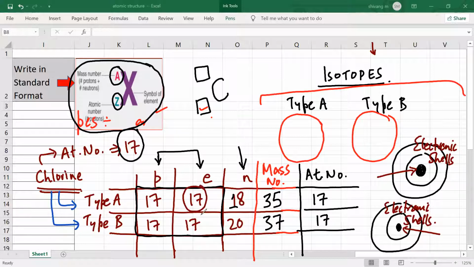Because the number of electrons is the same. What is the logic of an isotope? The logic of an isotope is that the number of neutrons differ. Where are neutrons? The neutrons are there in the nucleus. What is the contribution of a nucleus? The nucleus contributes to the mass. That is why the mass number differs.